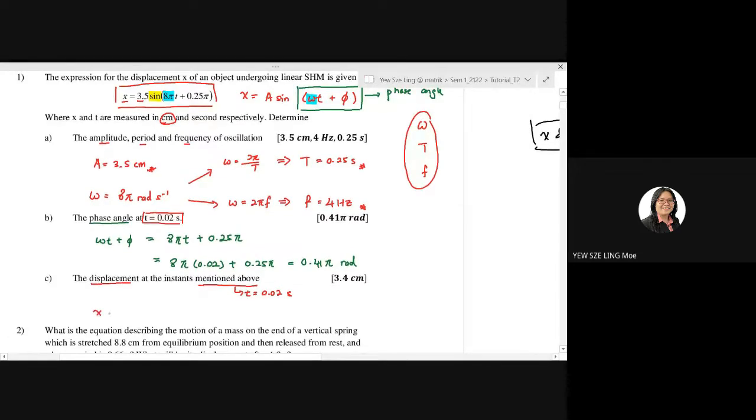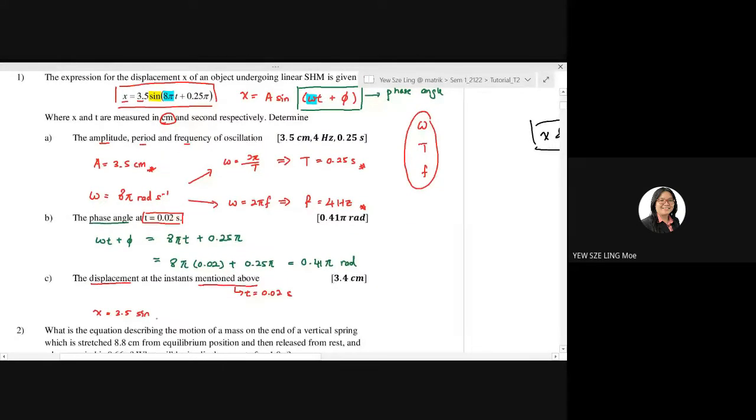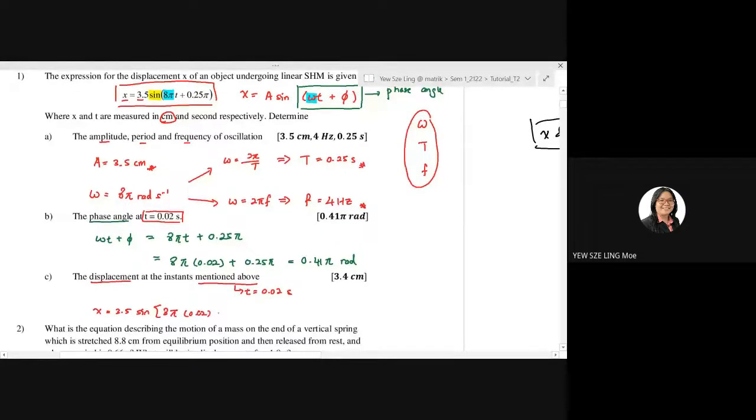So x equals 3.5 sine of 8 pi times 0.02 plus 0.25 pi. Eventually you obtain 3.4 cm. So at time t equals 0.02 second, the object is located at a displacement of 3.4 cm from its equilibrium position. That is the meaning of this 3.4 cm.